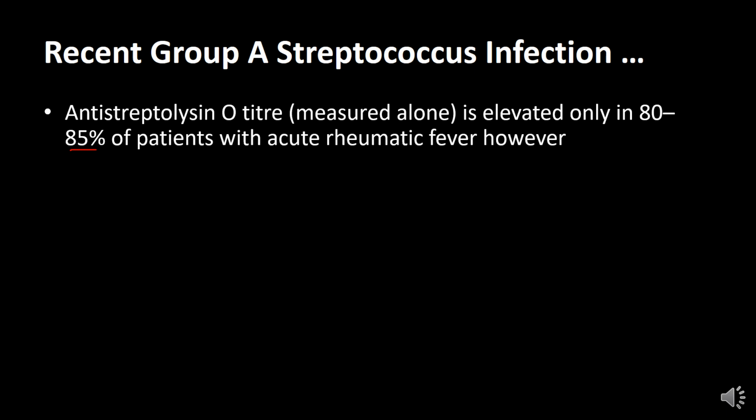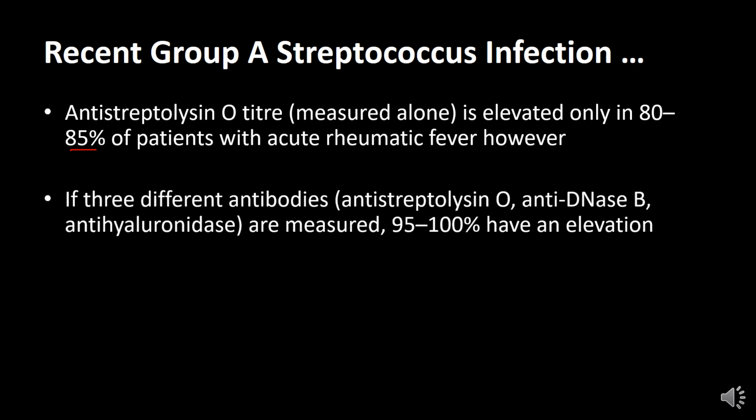pharyngitis. So what do we do? Evidence has also shown that when 3 different types of antibodies are measured, then you have a higher chance of being able to demonstrate recent streptococcal infection. Then you have 95 to 100% elevation.